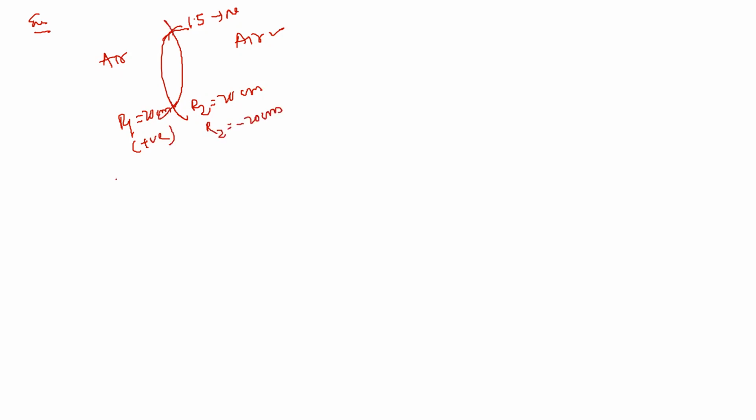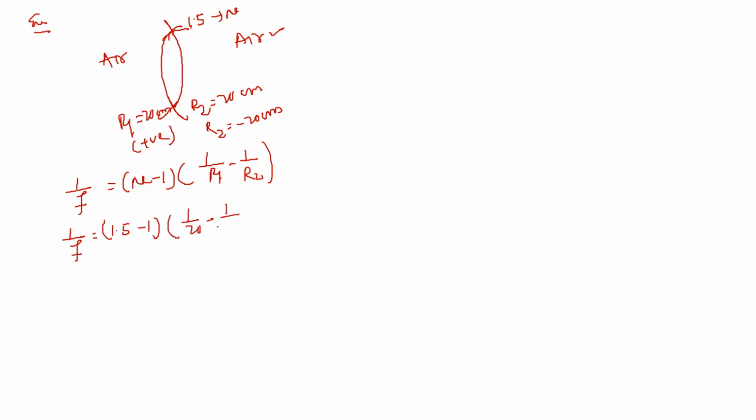I know the formula for focal length in the lens maker formula: 1 by f is equal to (mu minus 1) into (1 by R1 minus 1 by R2). So 1 by f is equal to (1.5 minus 1) into (1 by 20 minus 1 by minus 20).